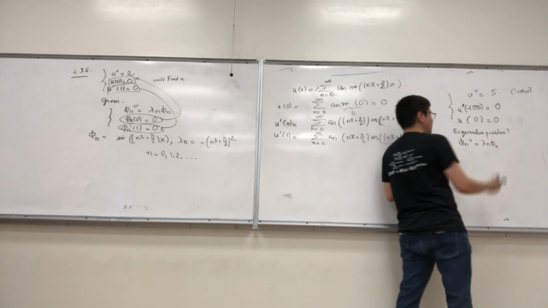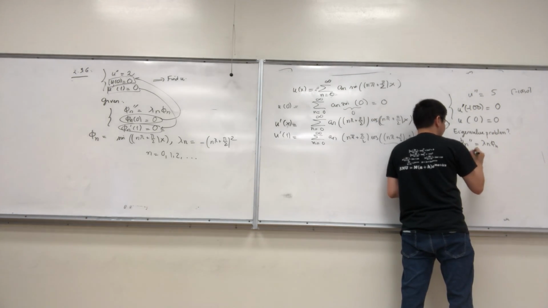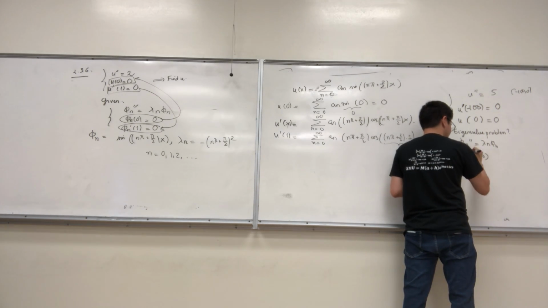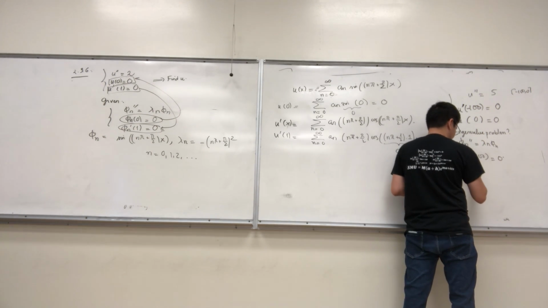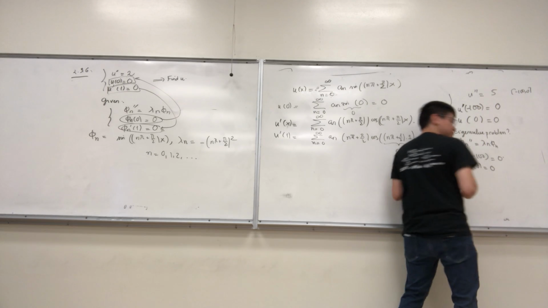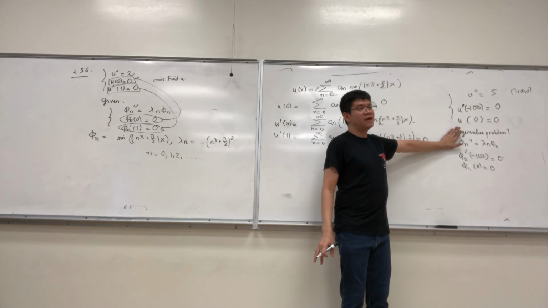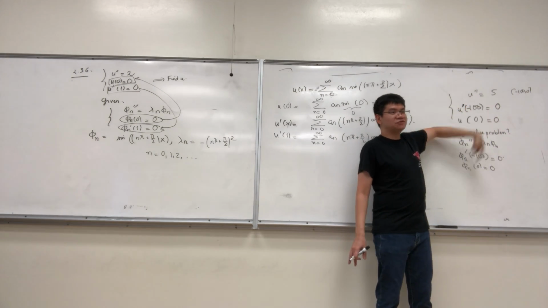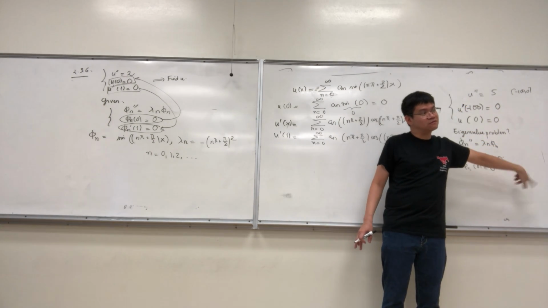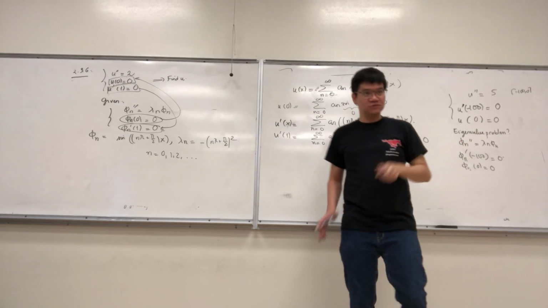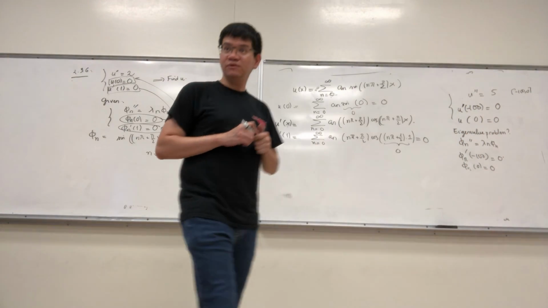The second thing that needs to be changed is phi n at minus 100 is 0, and phi n at 0 is 0, right? So you solve this problem, then you can expand this function in terms of all of those functions. It's good? It's clear? Questions?